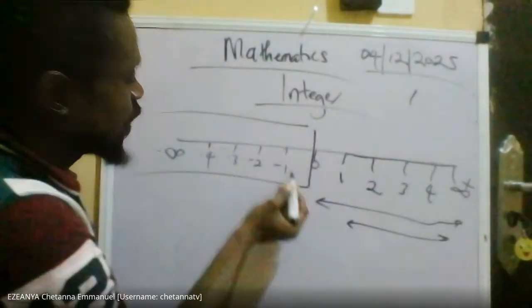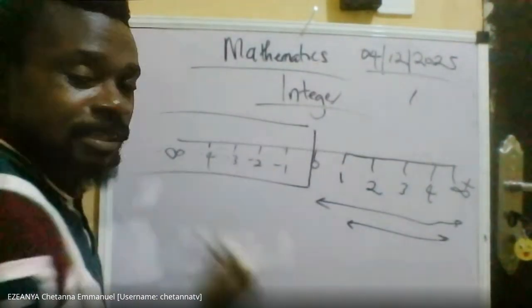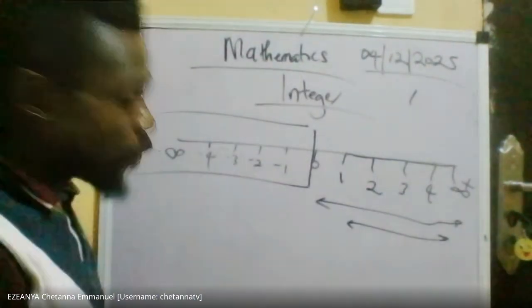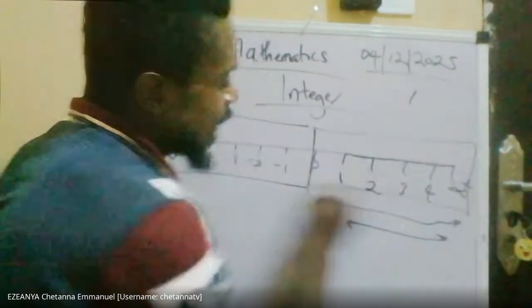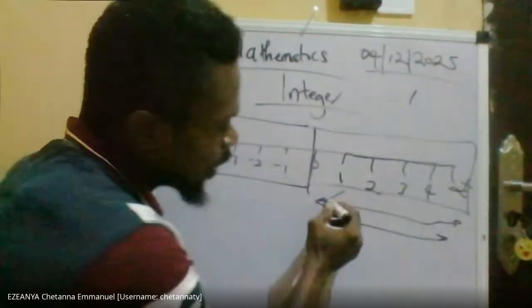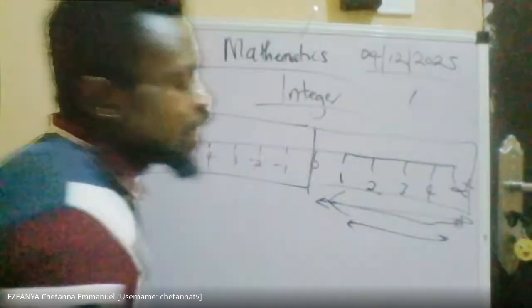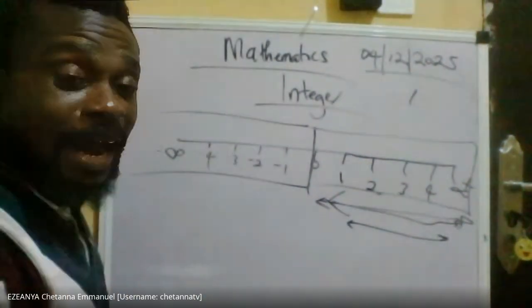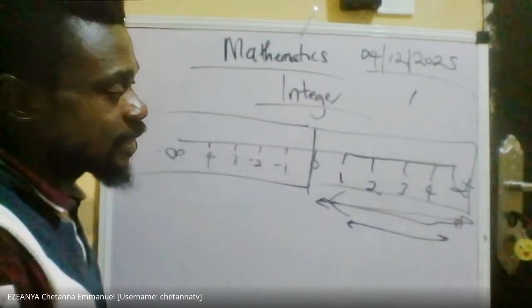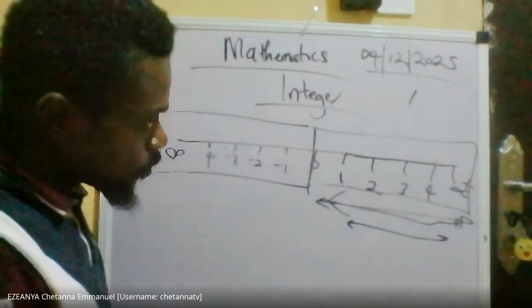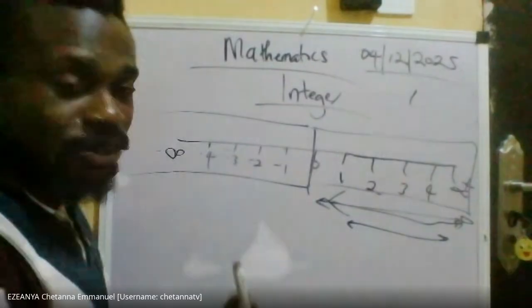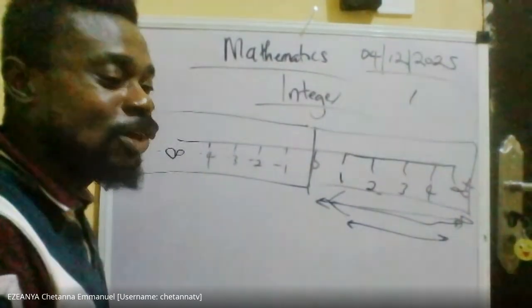From -1 to negative infinity, they are not whole numbers, but they are integers. But from here to positive infinity are whole numbers, while from 1 to positive infinity are natural numbers, counting numbers. So this is what integer is all about. If you are asked to define integer, don't say that integers are whole numbers.